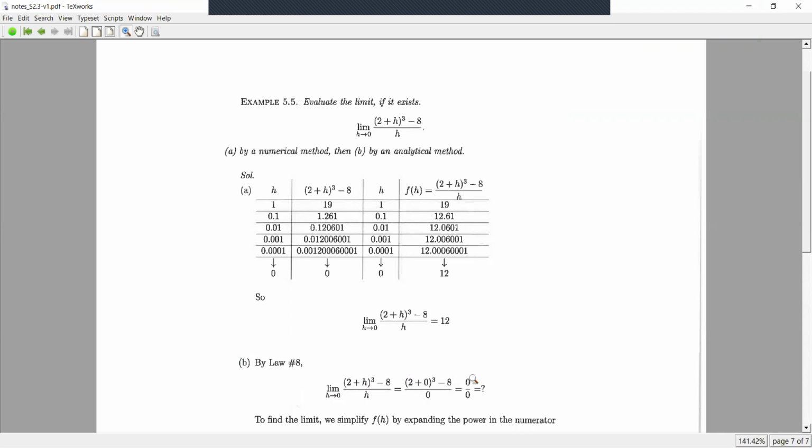But this number is 0 over 0, not computable. Not computable doesn't mean the limit doesn't exist. From part A, we have seen that the limit is 12. Now, how to determine this limit is 12? We need to simplify the function.